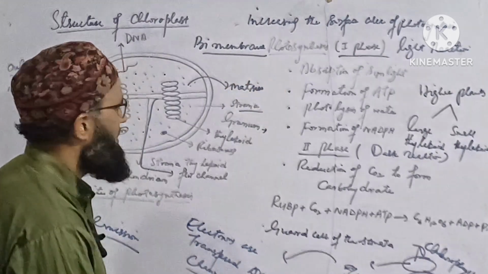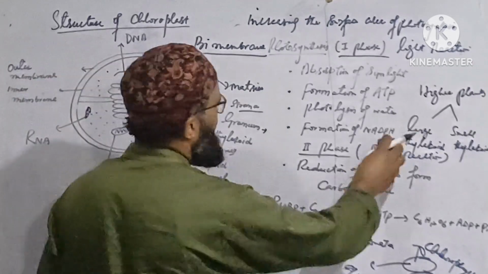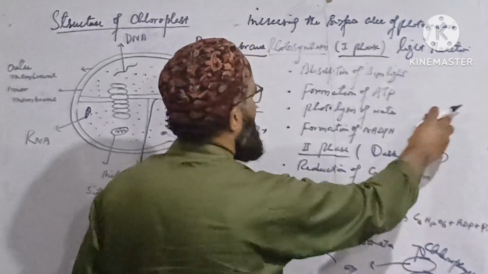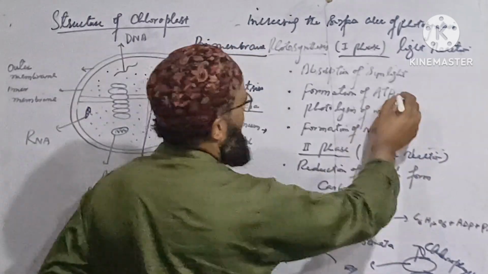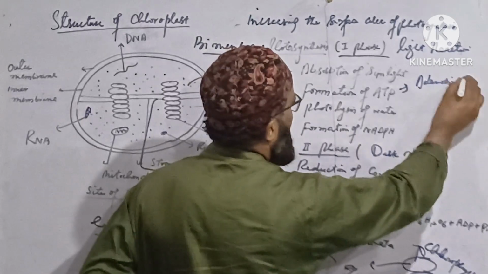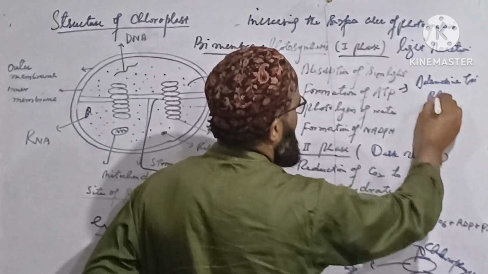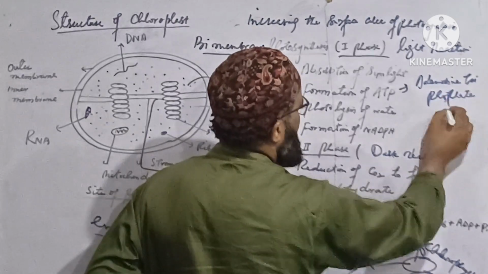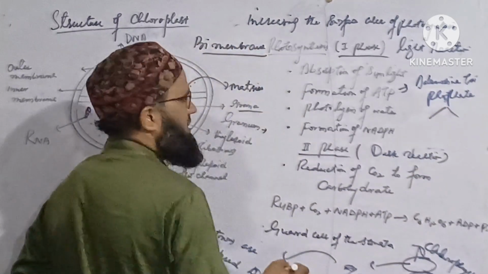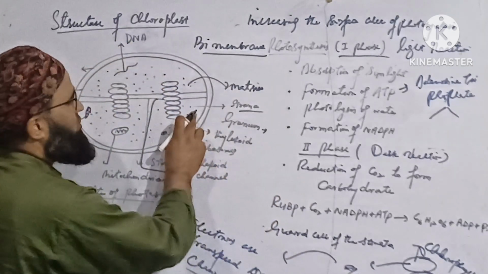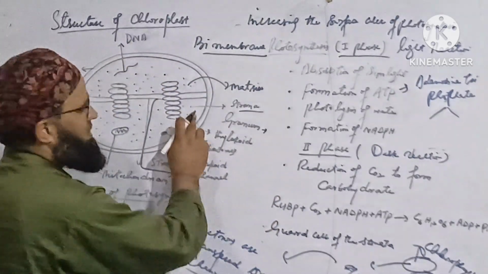How is ATP formed? ATP is called adenosine triphosphate. How does its formation take place? Its formation takes place in the stroma of the chloroplast.